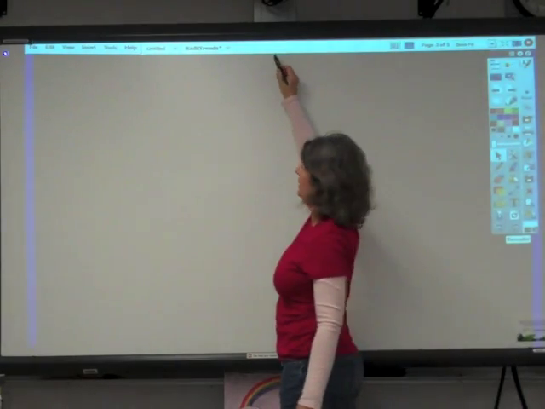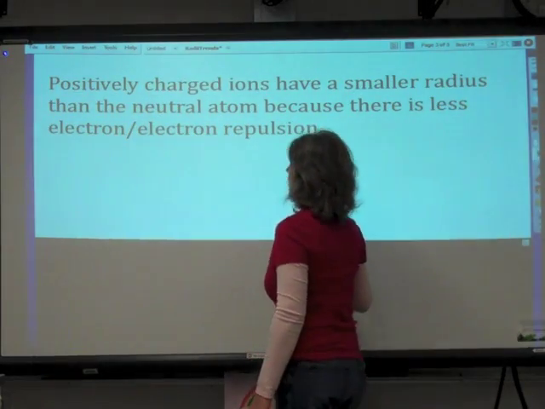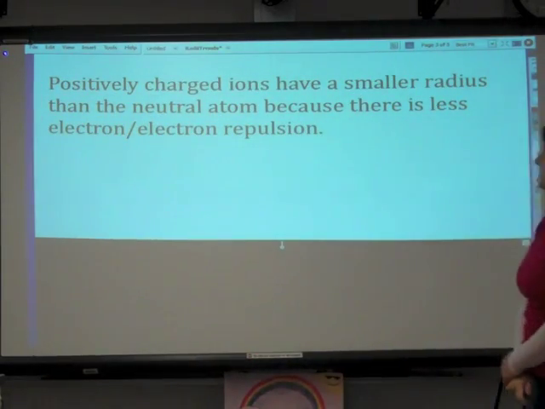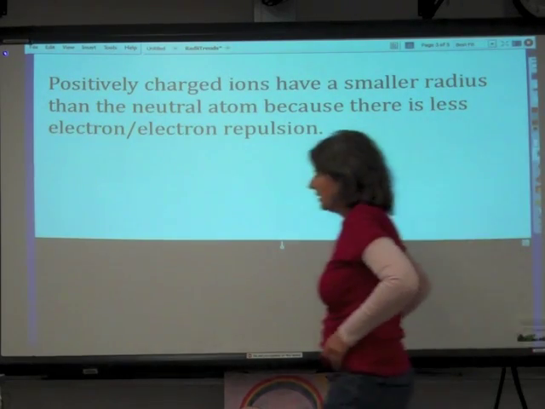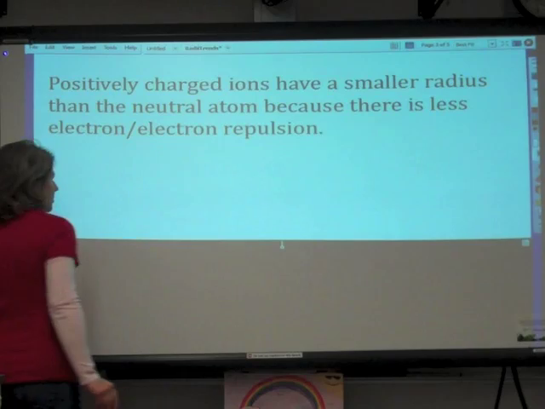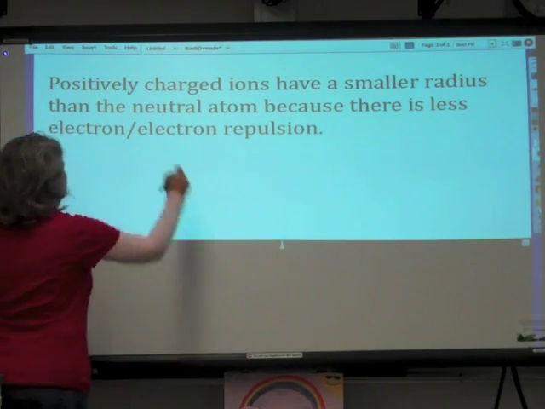Let's talk about ions. Positively charged ions have a smaller radius than the neutral atom because there is less electron-electron repulsion. So let's just do a quick review of a positively charged ion, a cation. Let's look at potassium.